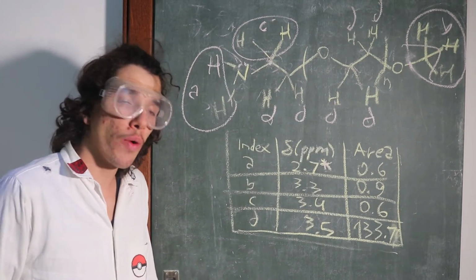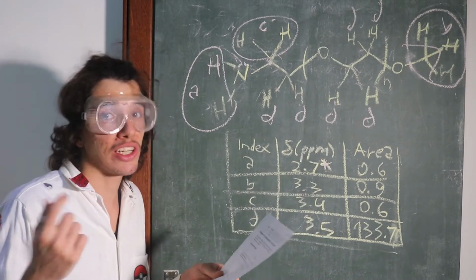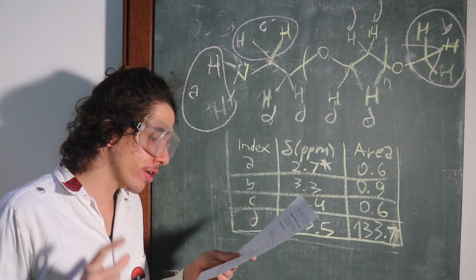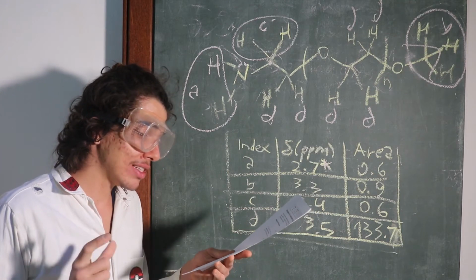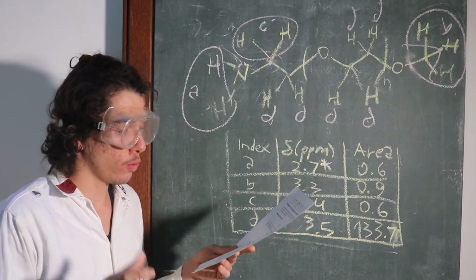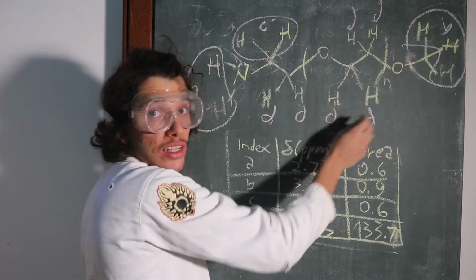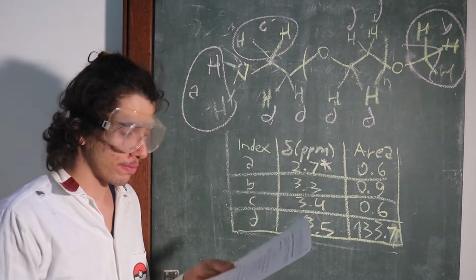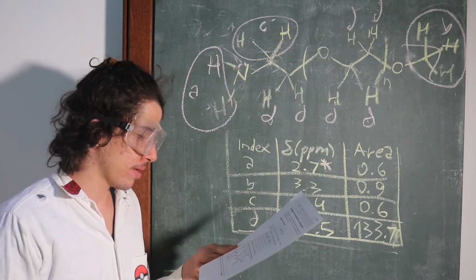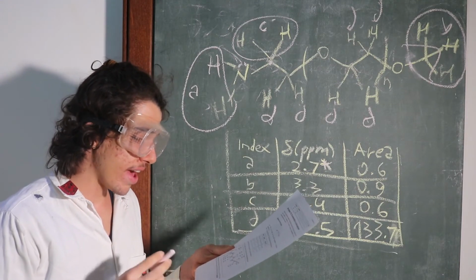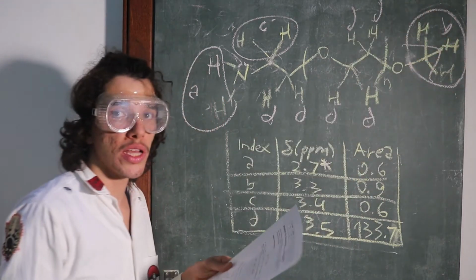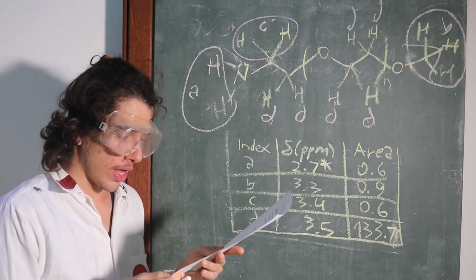Let's get going. The second part of the problem, which I liked and is more interesting, asks us to express the average degree of polymerization n as a function of the area A(OC2H4), which is this monomer of our polymer, of the NMR peak of the repeating unit, and the area A(OCH3), which is this methyl end group.